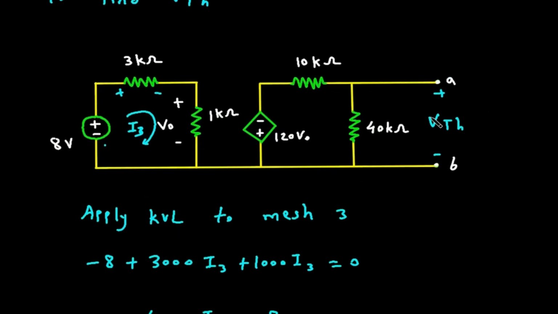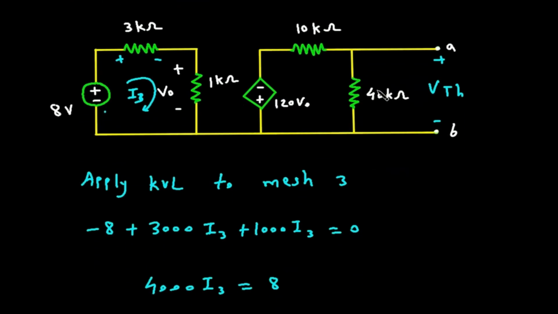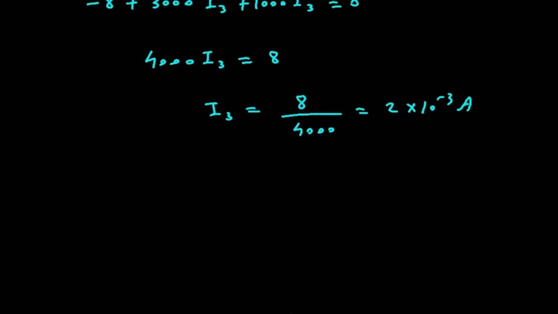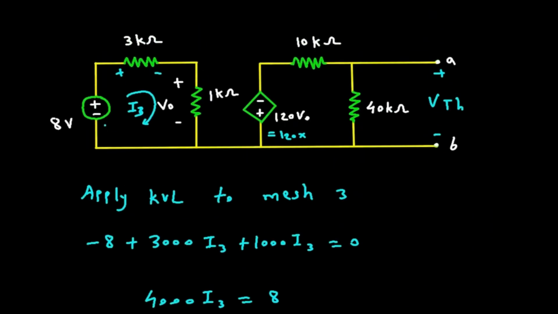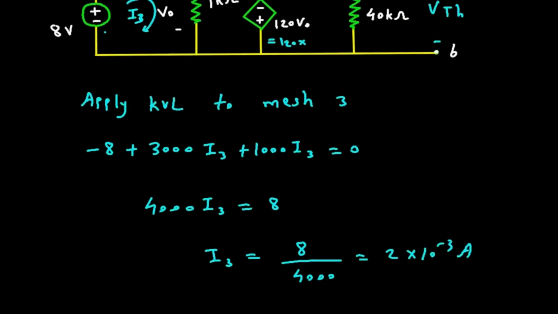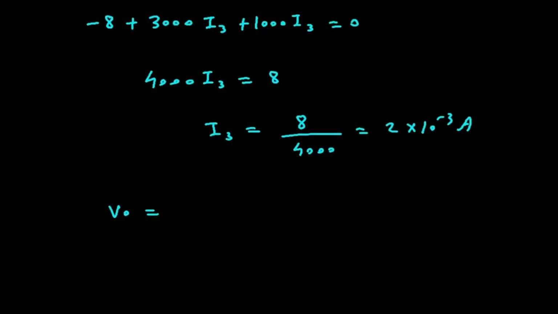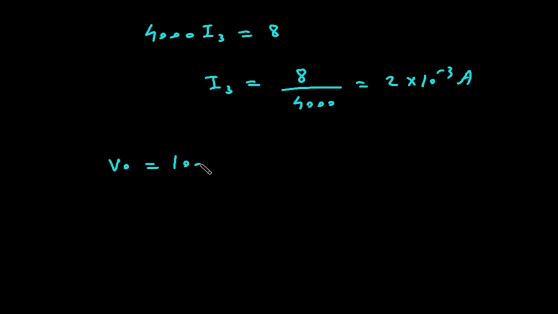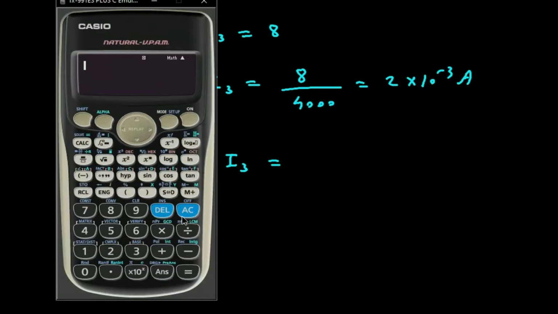We have to find VTH. So VTH is equal to this voltage across this 40 kilo ohm. Now we have the value of VO. So this will be 120 into VO. VO is equal to 1000 into I3.